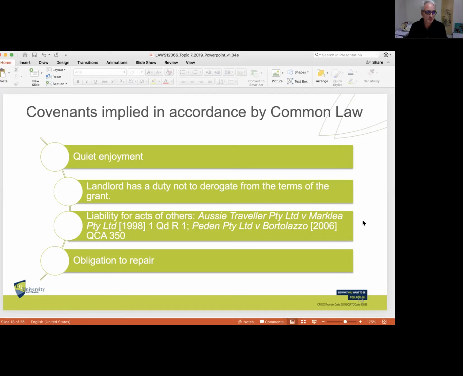We have covenants implied by law, covenants implied by legislation, primarily the Property Law Act in Queensland, covenants implied by necessary implication, so that the circumstances between the parties and the type of lease lead to certain covenants being implied, or covenants the subject of express agreement between the parties.